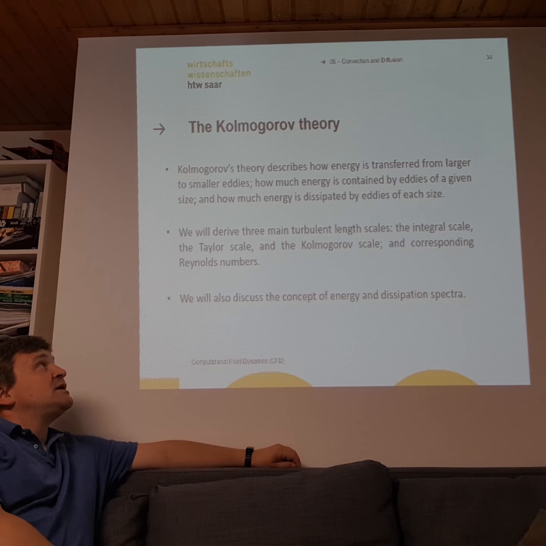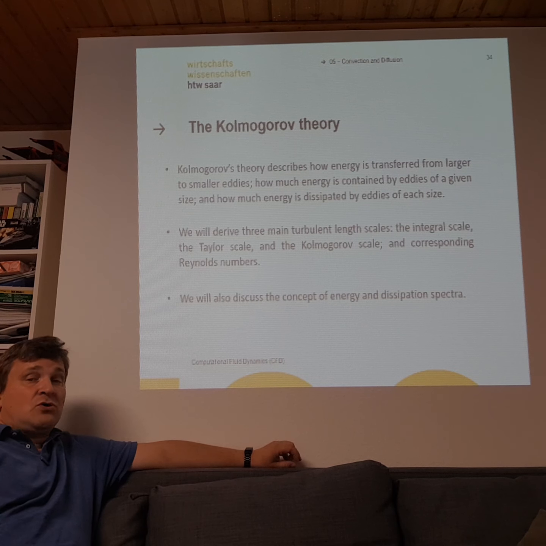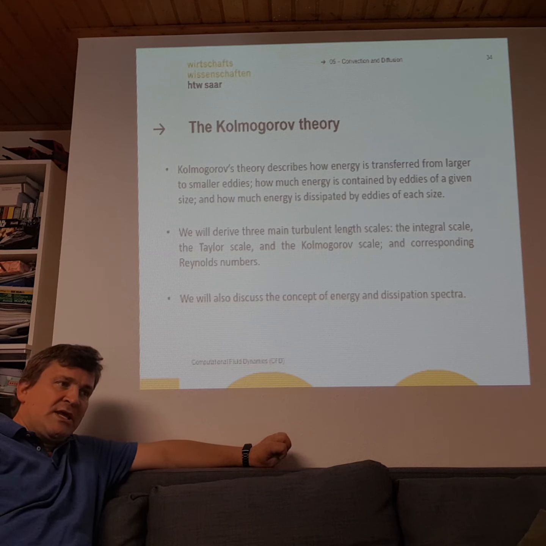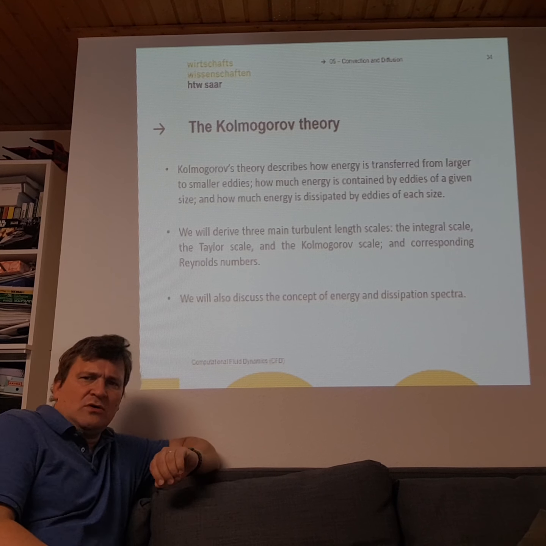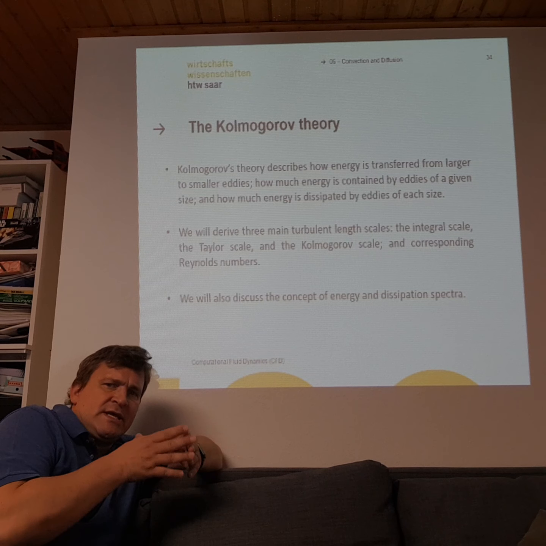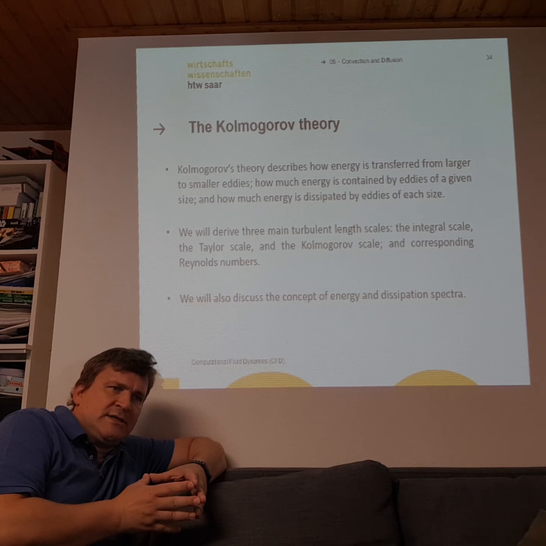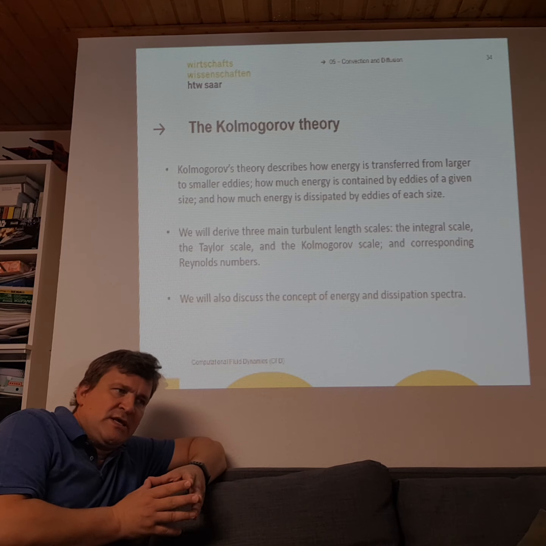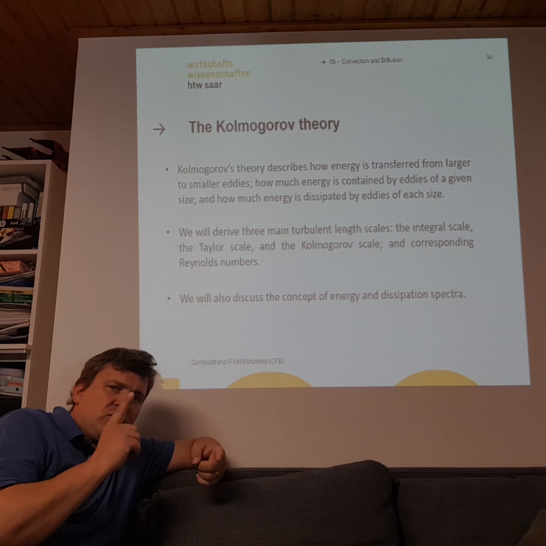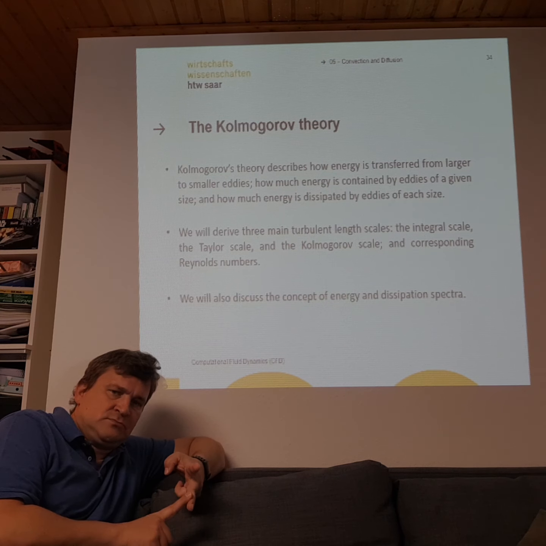Okay. And last but not least, I want to mention also the so-called Kolmogorov theory. The Kolmogorov theory will be described in more detail a little bit later in our chapter Turbulence, and I try to explain it. You can imagine you have convection and you have diffusion.